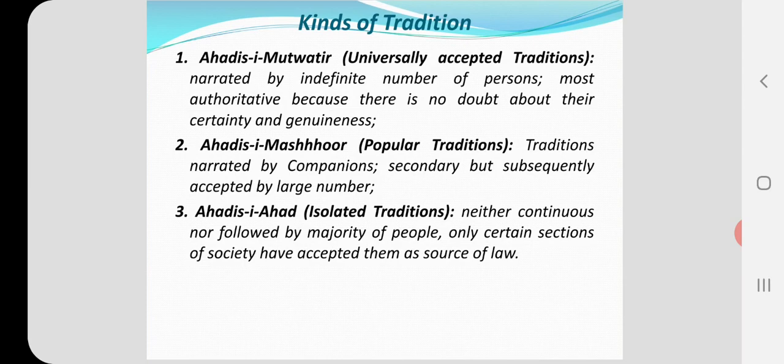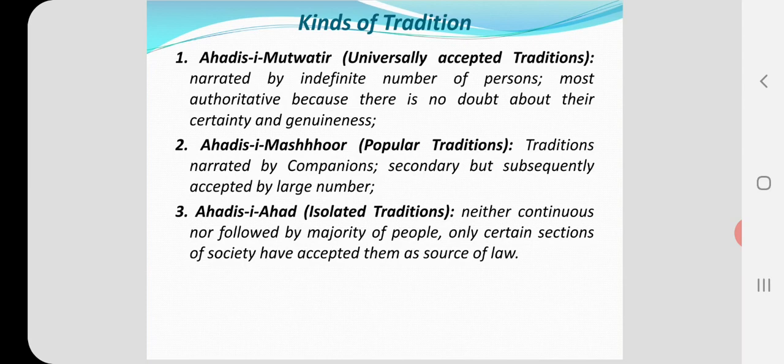There are some popular traditions also which are known as ahadis mashhur, traditions narrated by companions, secondary but subsequently accepted by a large number of people. These are also very important ahadis.